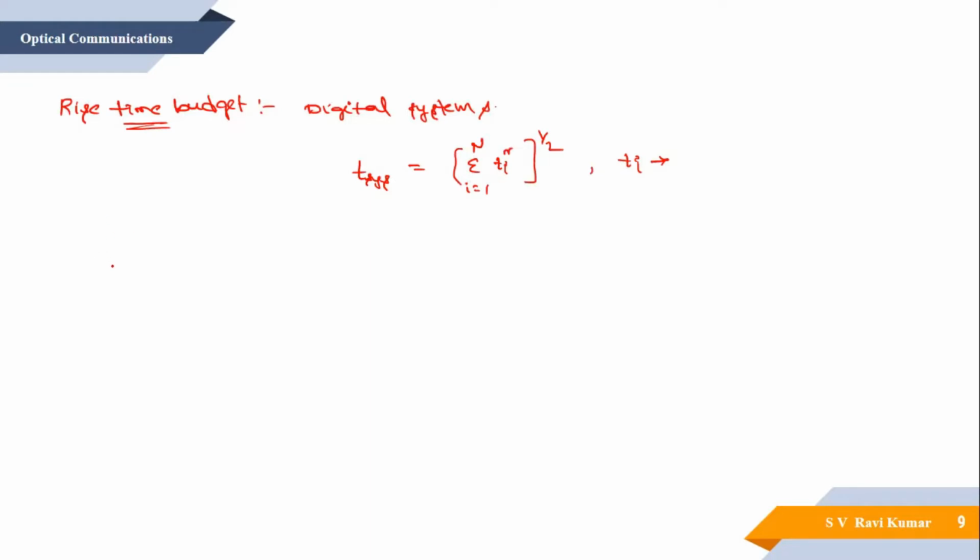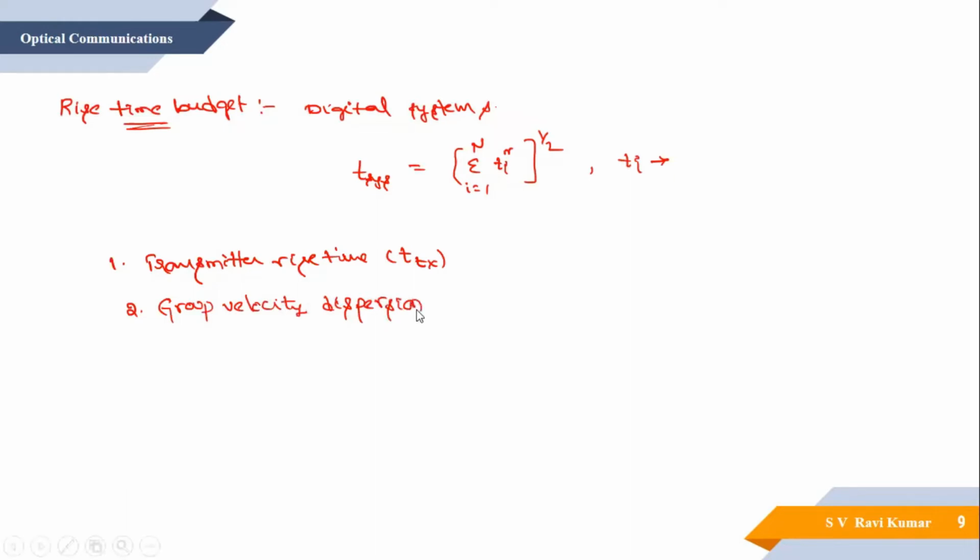The first one is the transmitter rise time, which is given by Ttx, and the second one is the group velocity dispersion rise time, which is indicated by TGVD.